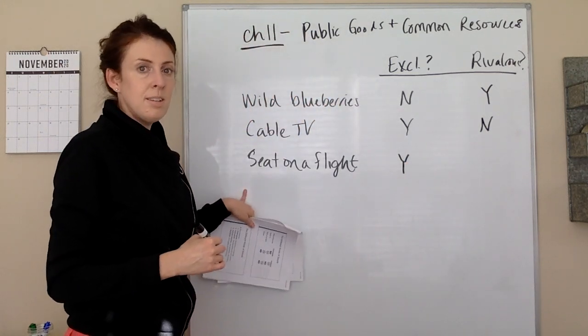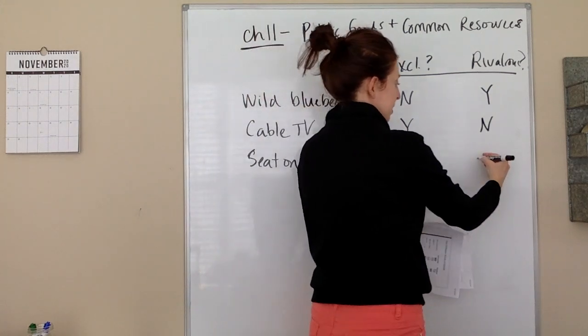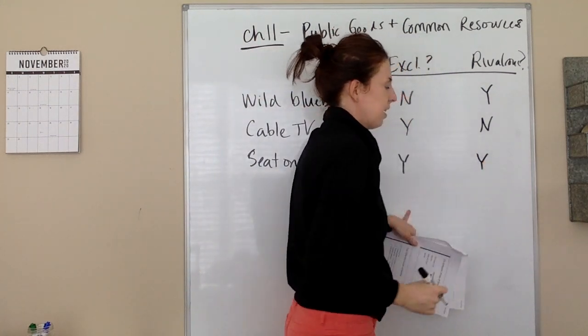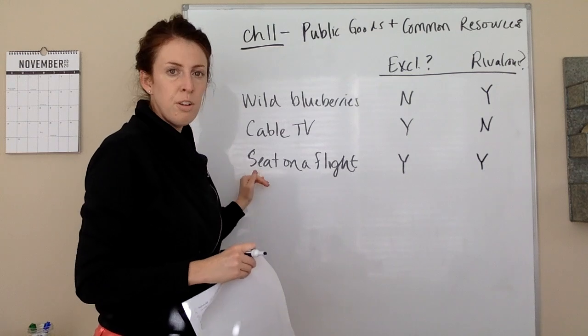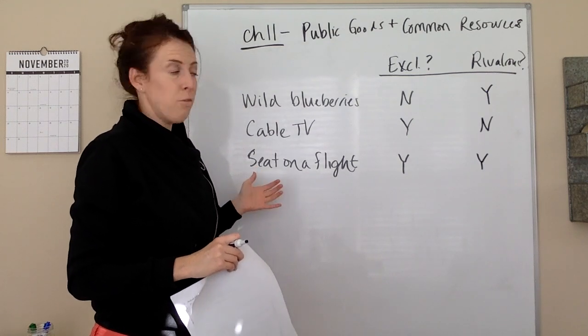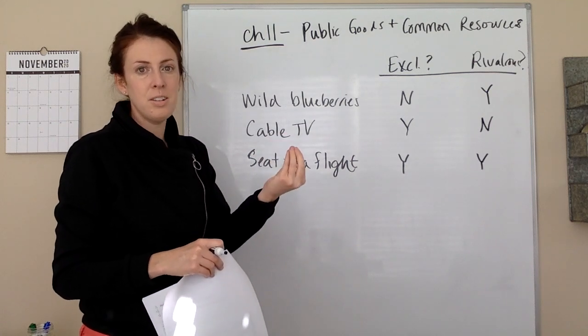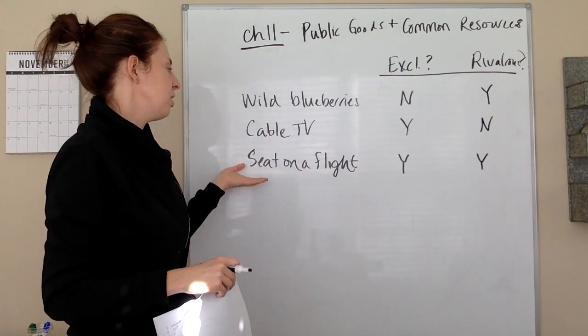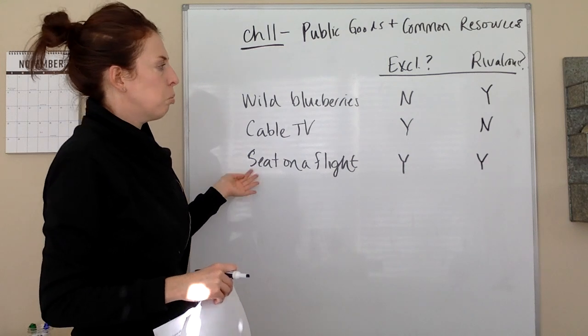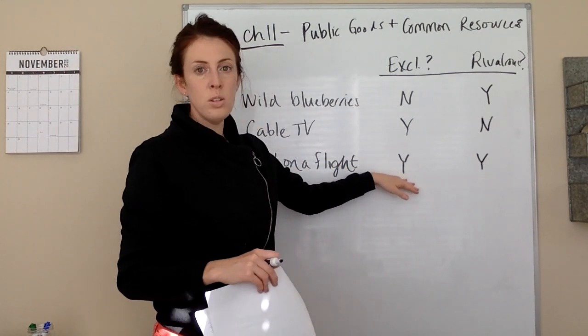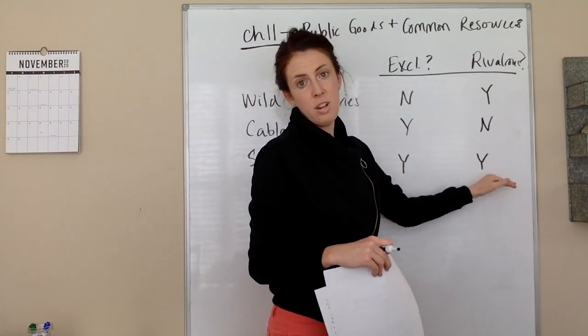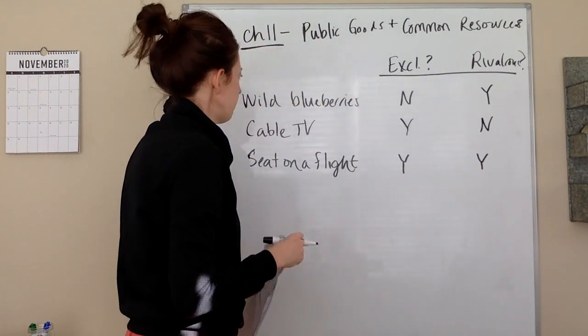Is it rivalrous? Definitely, because if I have the ticket for seat 14F, nobody else gets seat 14F because I have just consumed it, and only one person is allowed to consume that particular seat on a flight. So you can both prevent people from getting that seat, and once one person gets that seat, it prevents anyone else from getting that exact same seat.